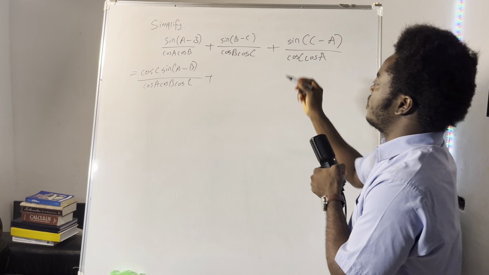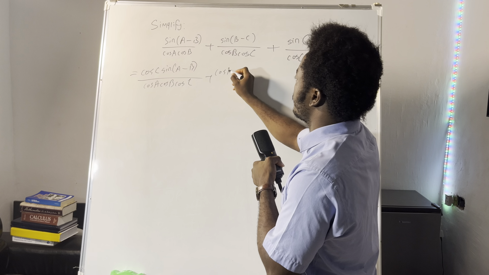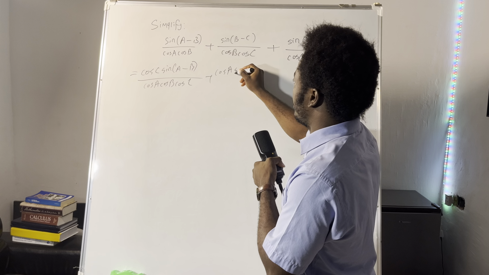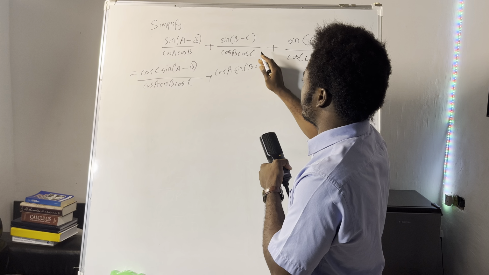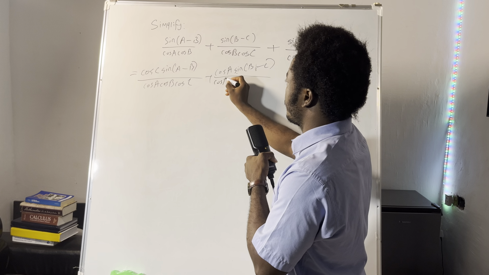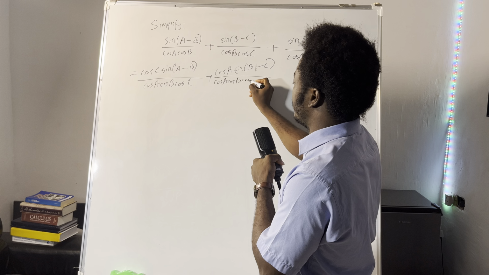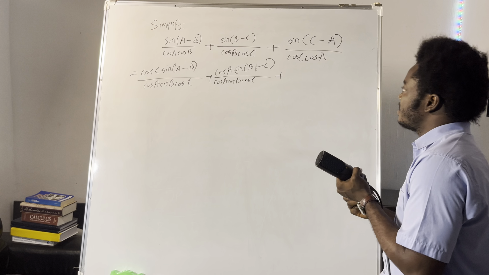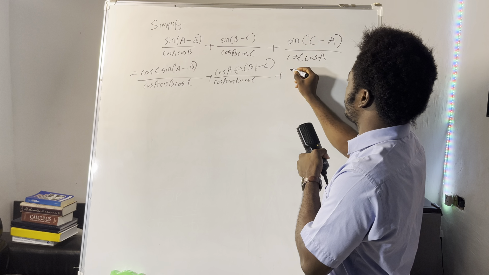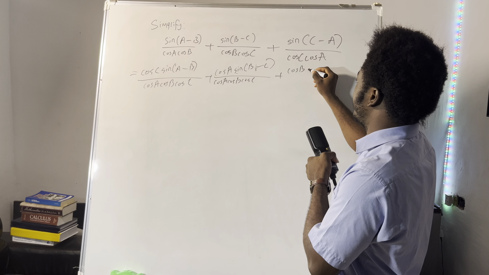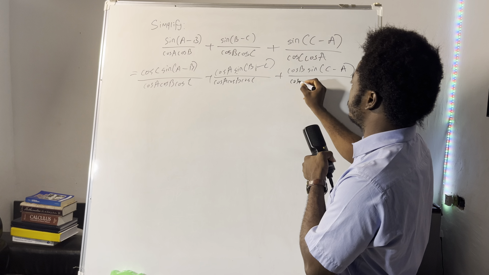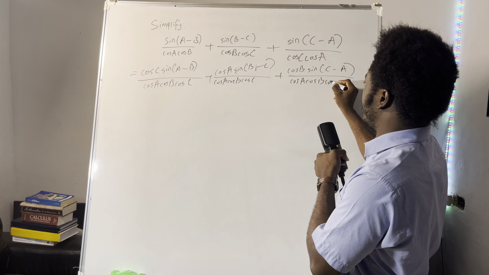Cosine A. So multiply this by cosine A, you have sine of B minus C, all divided by cosine A, cosine B, cosine C, plus what is missing on the third part? Here, this is cosine B. So you have cosine B multiplied by sine of C minus A, all divided by cosine A, cosine B, and cosine C.